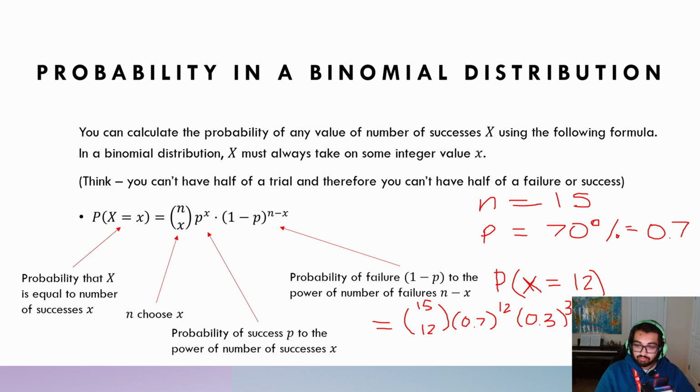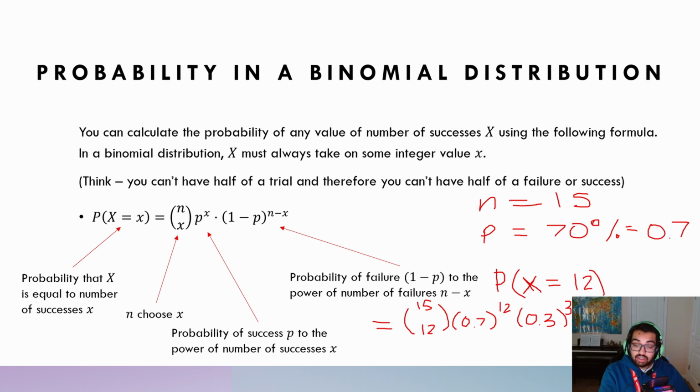That's all this is. That's the entire formula here. This is n choose x, this is p to the power of x, and this is 1 minus p to the power of n minus x. 15 choose 12 times 0.7 to the 12th times 0.3 to the 3rd. And if we calculate this out, 0.17.